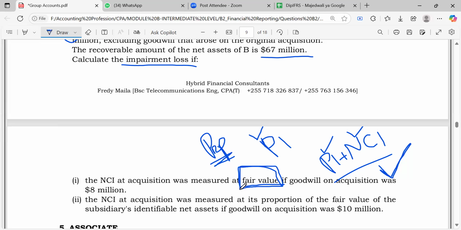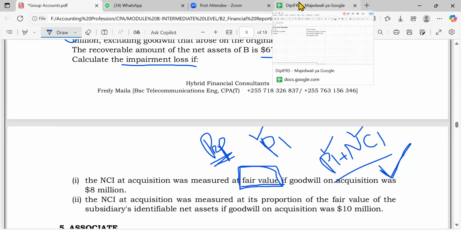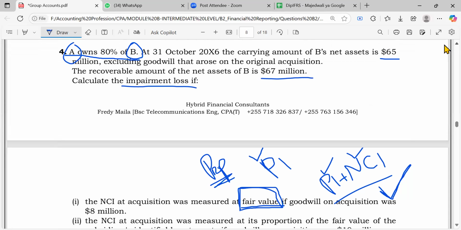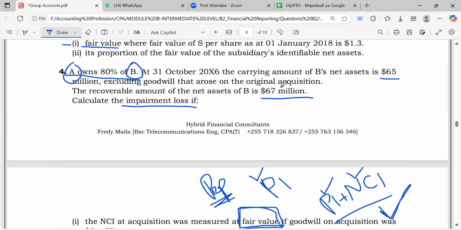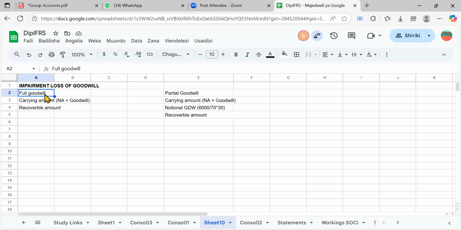So I would say it was at full goodwill. For full goodwill, you have no issue because it means it is 100%. So I would come to net assets, the carrying amount of net assets was 65 million, and I would say it's 65 million.